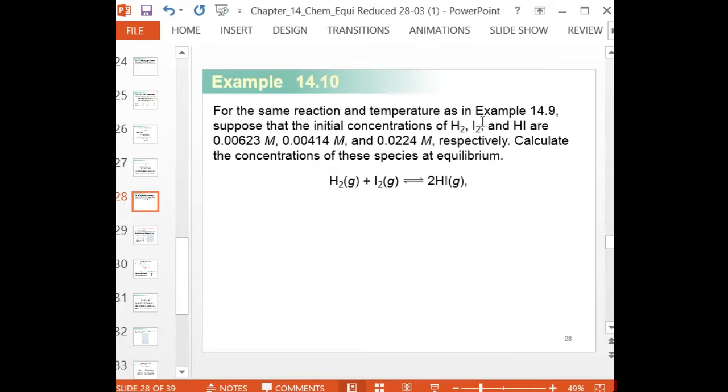as 54.3. So in this case, if you calculate Qc, it is equal to 19.5. How do we get 19.5? Anybody can tell me?